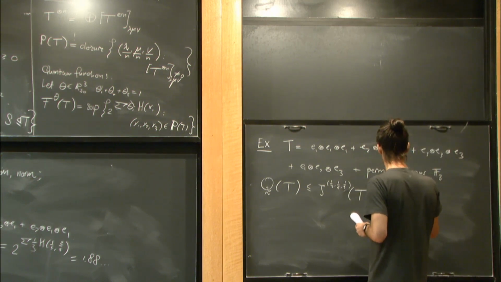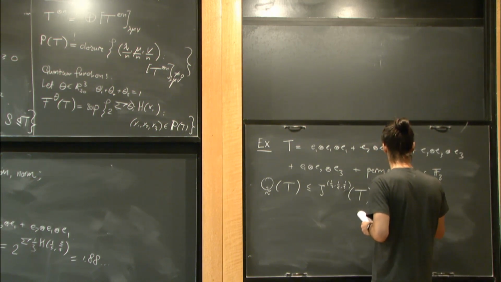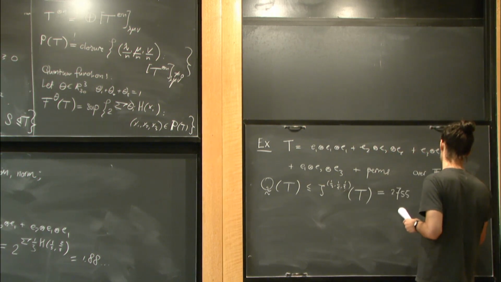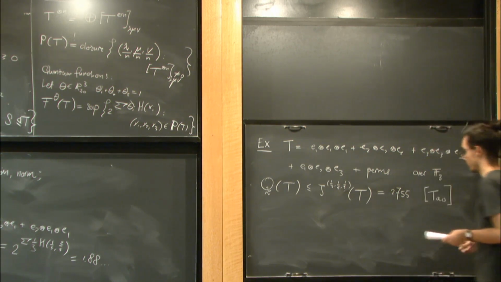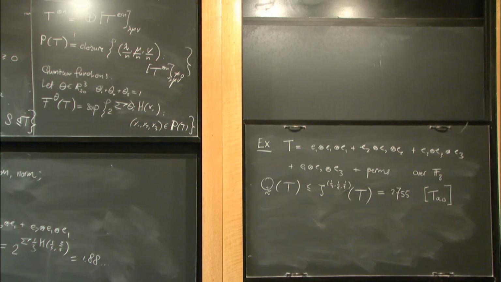Then it turns out you can get a non-trivial upper bound on this, and this basis transformation was observed by Terence Tao when he wrote about the capset problem on his blog.